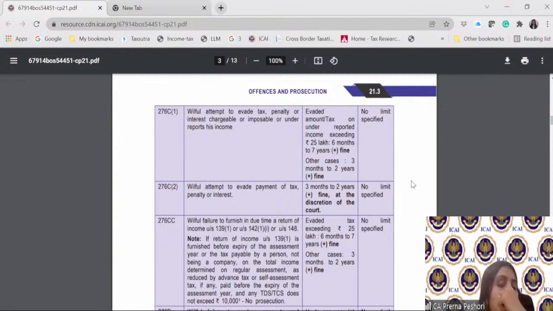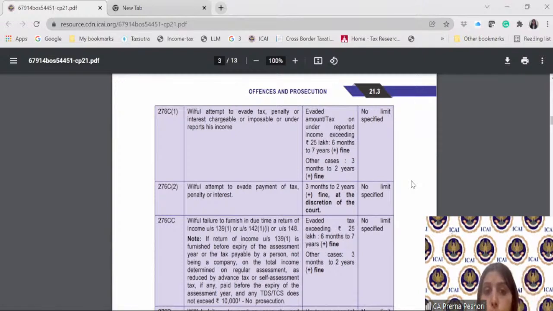Again, you may not remember the entire prosecution time frame, but you can just remember that there exists a prosecution. That's what you have to remember. Is that clear? So if you fail to furnish the return of income, then in that case, there is going to be a prosecution. Clear? Any doubt?